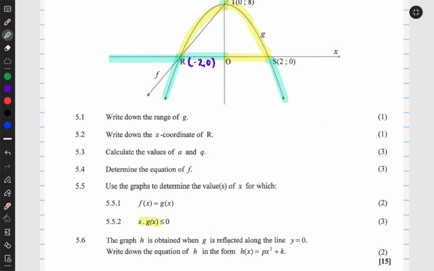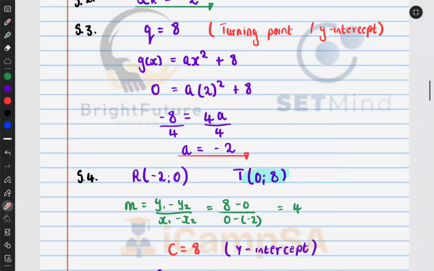We're going to get a positive outcome. So that part doesn't work. So it's essentially the interval between negative 2 and 0, and the interval where x is greater than 2.